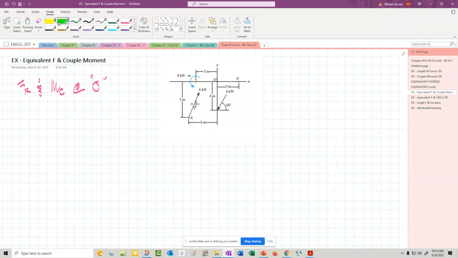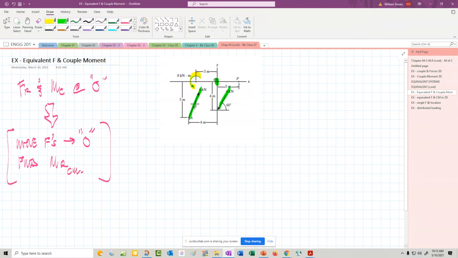All right, here's the origin. There's force 1, there's force 2, and there we have the couple moment. So what I'm really trying to do here is move forces to O and find that resultant couple moment.